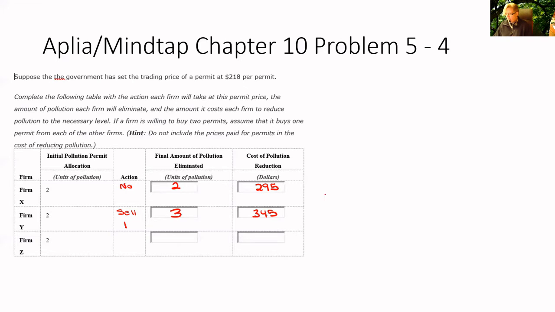Okay, now let's go ahead and look at the cost versus the benefit of Z. So for Z, the cost versus the benefit, and again, the benefit is this $218 given to us up here in the problem.